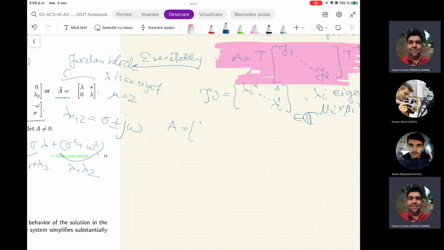A equals lambda 0, 0 lambda. This is a degenerate situation. And A equals 0, 0, 0, 0 is another degenerate situation.